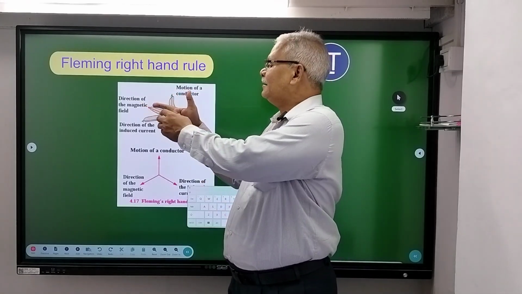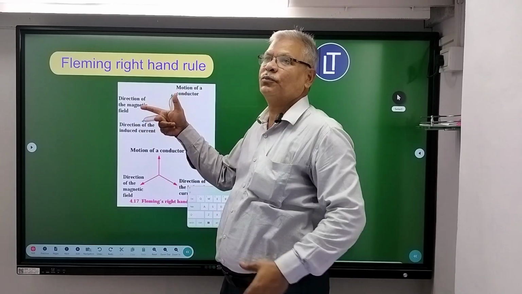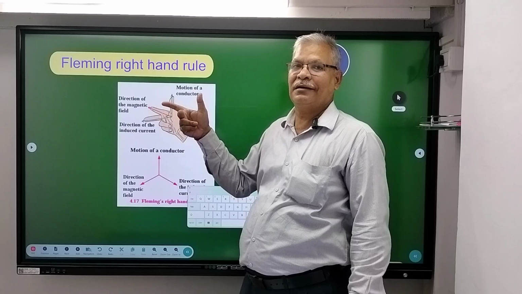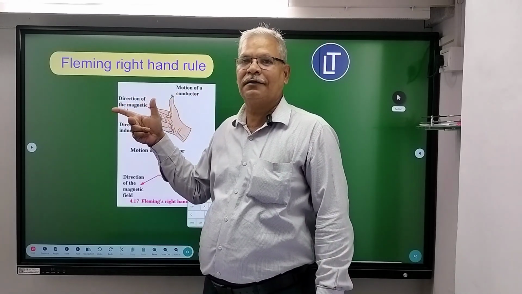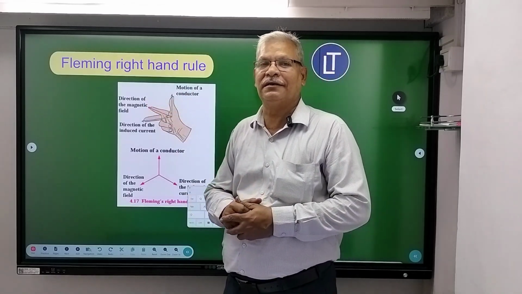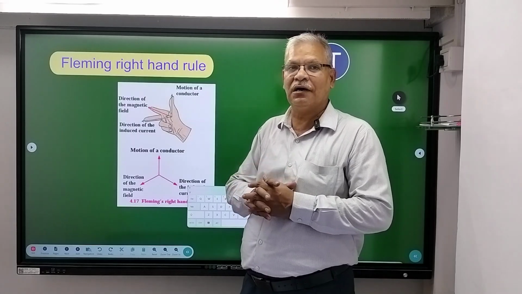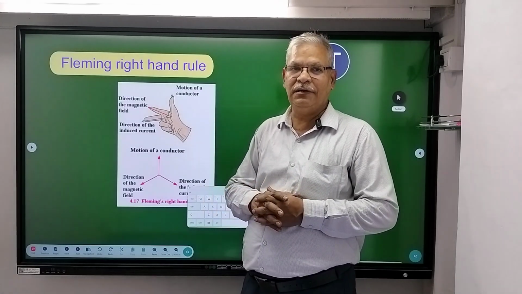Okay, here the current is induced, or you can say current is produced. Therefore Fleming right hand rule is used in the electric generator, because here the electric current is generated due to the motion of conductor in the magnetic field.